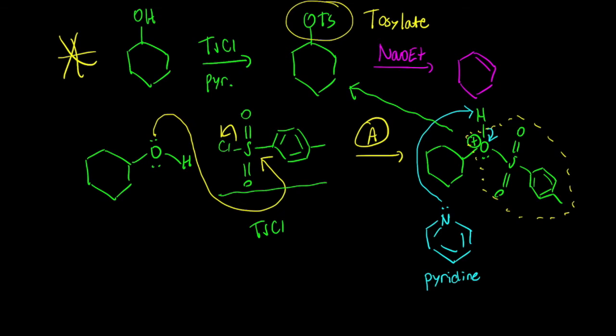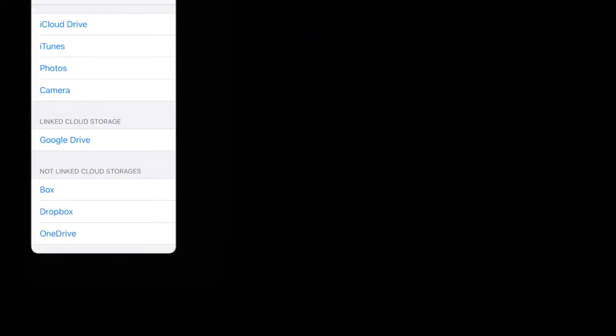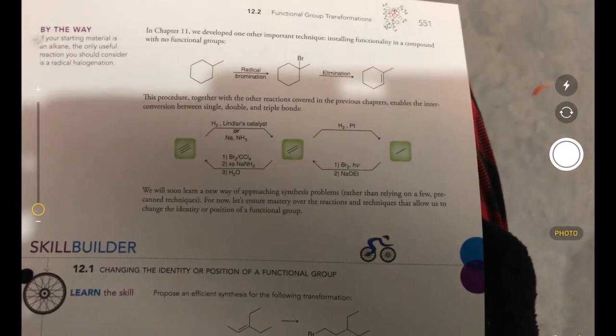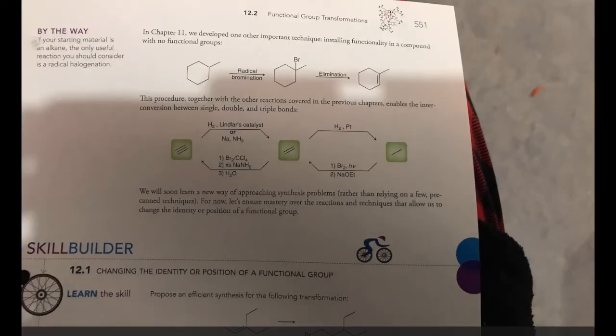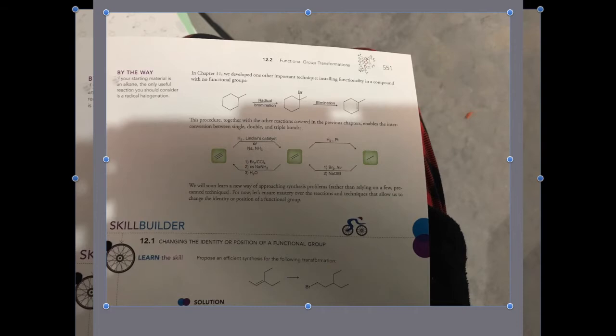Moving on, we can see that there's this feature here where you can change triple bonds to double bonds to single bonds. And this again is a functional group transformation. And I just want to highlight all of the relevant reactions here.